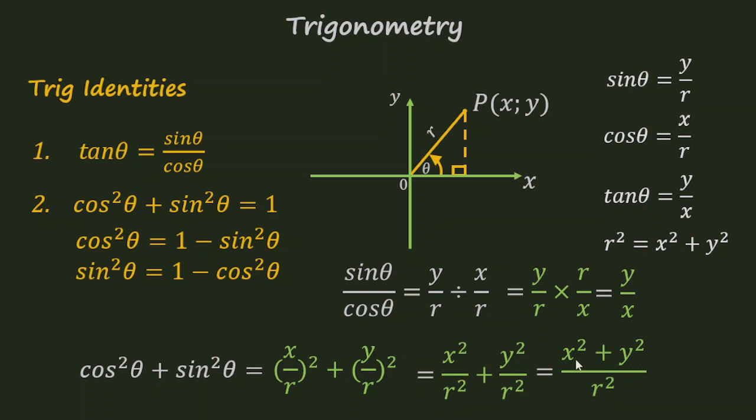But we know the value for this one. x squared plus y squared is the same as r squared by Pythagoras. If you use the theorem of Pythagoras, you see that r squared is the same as x squared plus y squared. So we can write the numerator as r squared. It's r squared over r squared. They cancel out and you are left with 1.